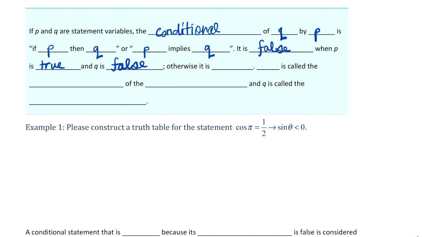Otherwise, it is true. P is called the hypothesis of the conditional, and Q is called the conclusion.